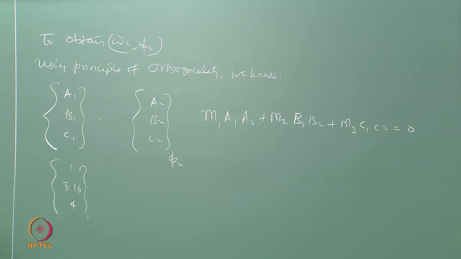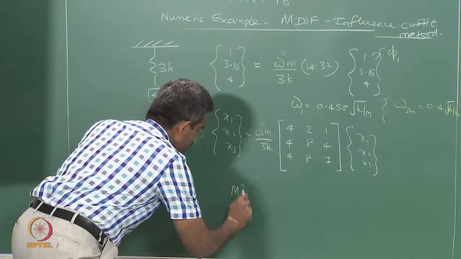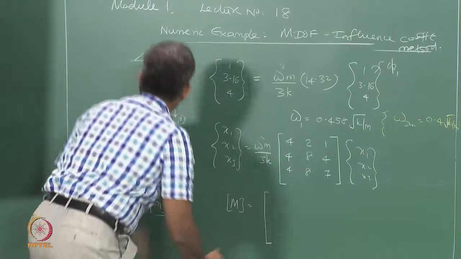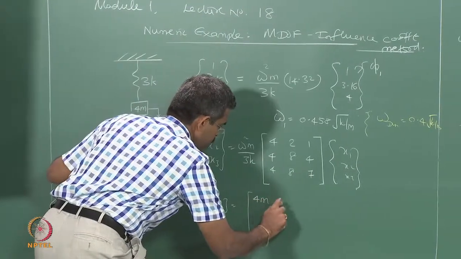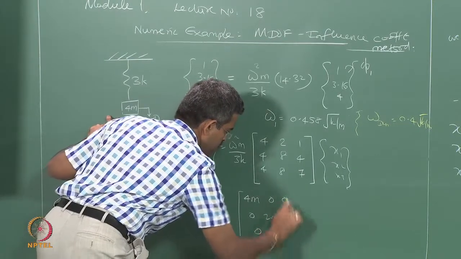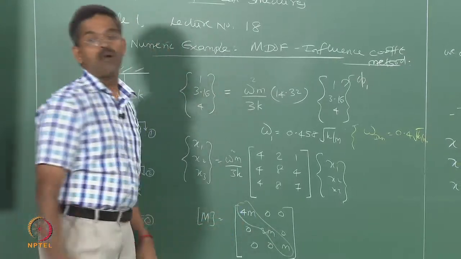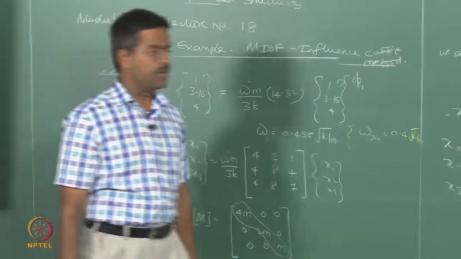Let us do that. The mass matrix we already have in this problem. I will write down the mass matrix here. These are all the leading diagonal elements which are diagonally dominant and positive, remaining all are 0 in this problem.